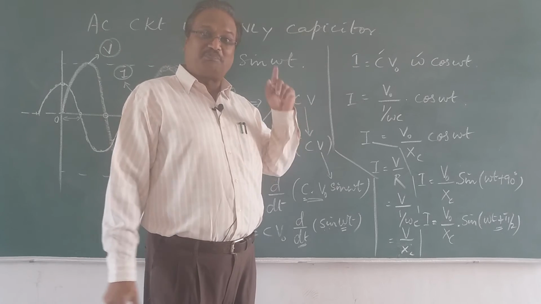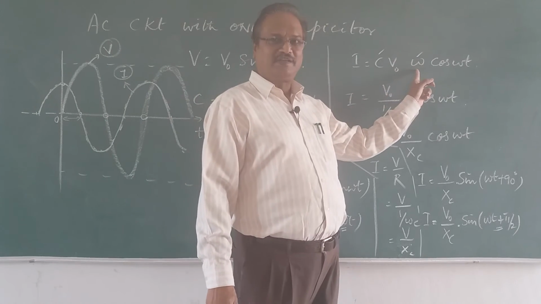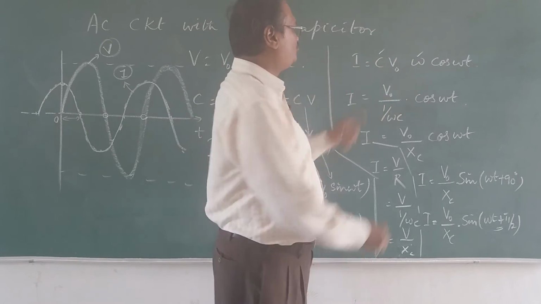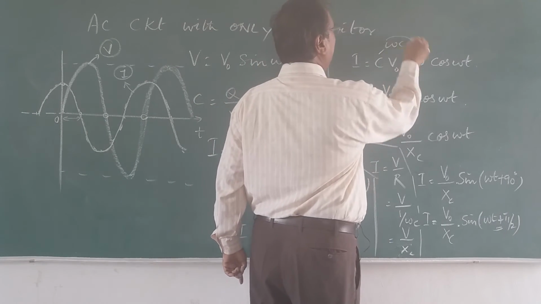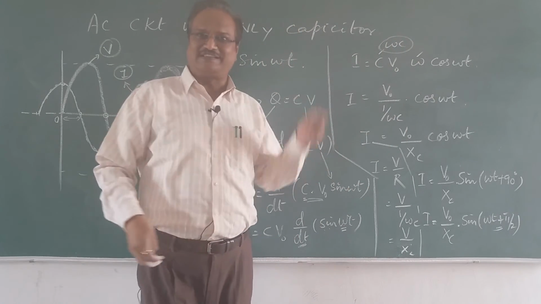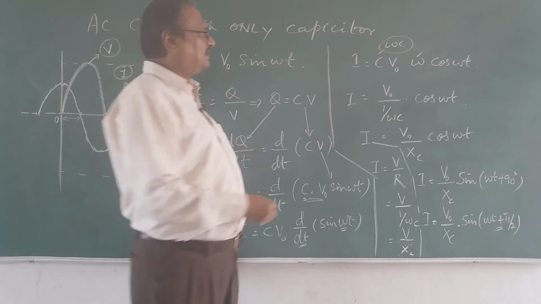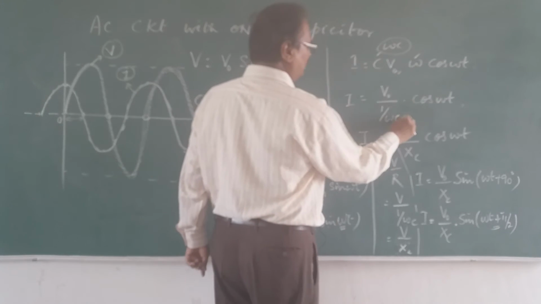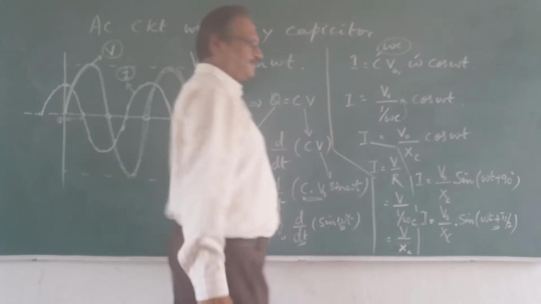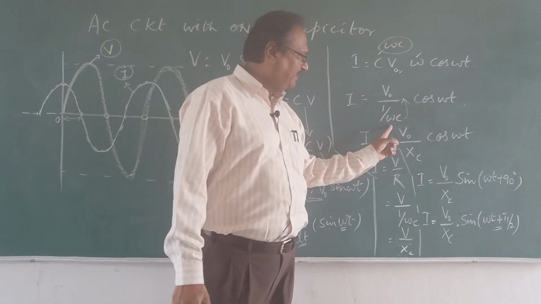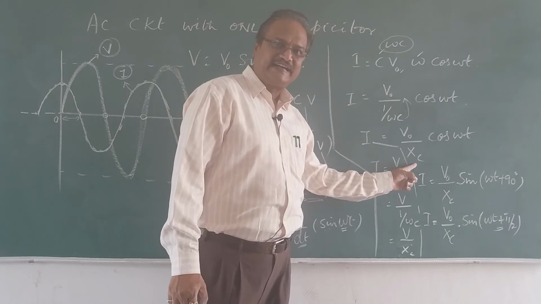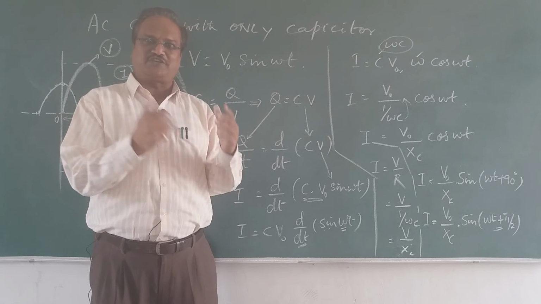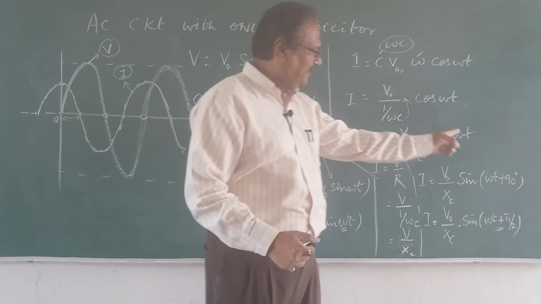In differentiation you multiply by the coefficient omega and sin will become cos, and omega into C is a factor here. Taking V naught common, 1 upon omega C is XC, and XC is capacitive reactance, that is the resistance in an AC circuit, and cos omega t.